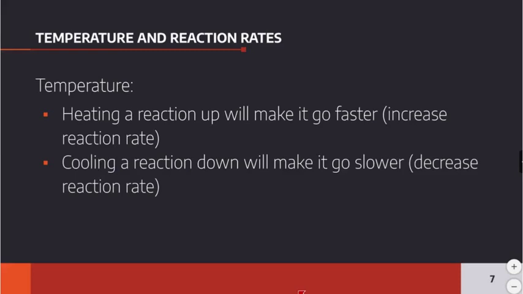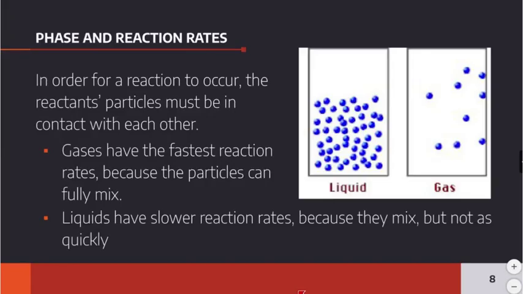So if you had a chemical reaction happening at 60 degrees Fahrenheit, and it reacted 2 grams of a substance in a minute, then increasing it from 60 degrees to 78 degrees would double how fast that reaction goes. It would take only half a minute to react that same amount of substance. And so temperature has a very strong connection with reaction rate. Heating it up makes the reaction go faster. Cooling it down makes the reaction go slower.